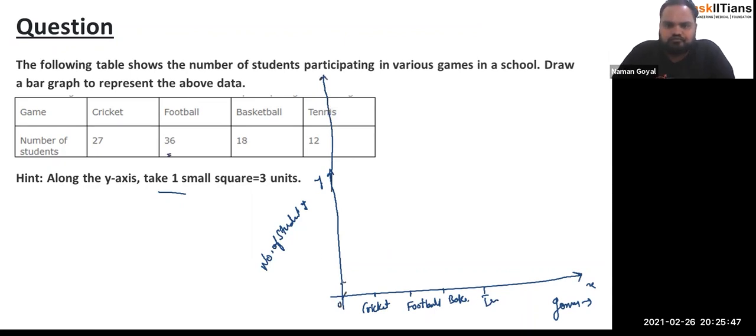So 0, 3, 6, 9, 12, 15, 18, 21, 24, 27, 30, 33, 36, and 39. Now for cricket we have to draw a bar for 27. So it's like this.